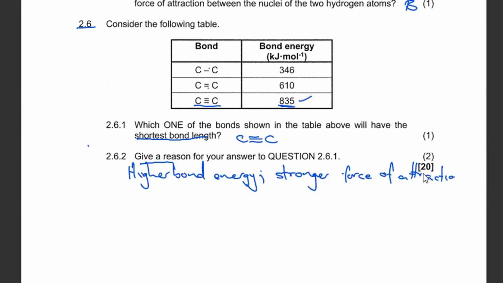Then after that, we need to explain in terms of the nuclei. Since the bond energy is higher, there is a stronger force of attraction. If the two are attracted towards each other, the nuclei get closer together.